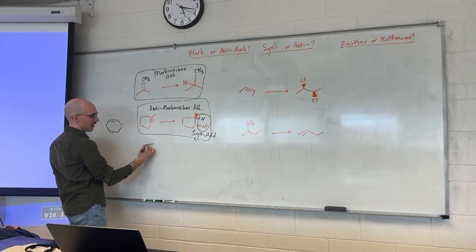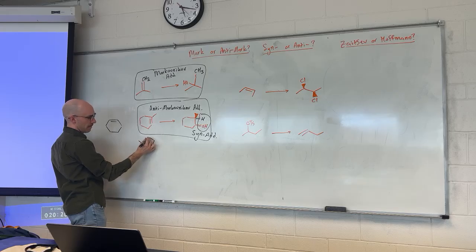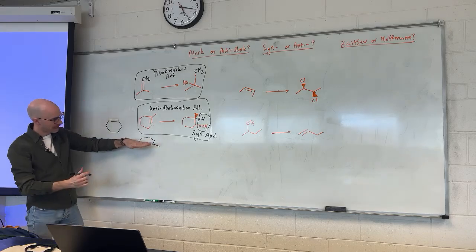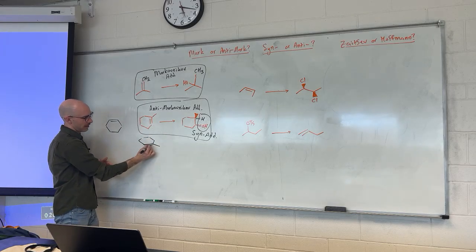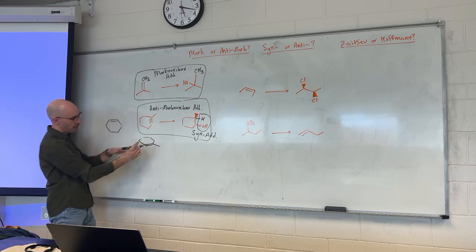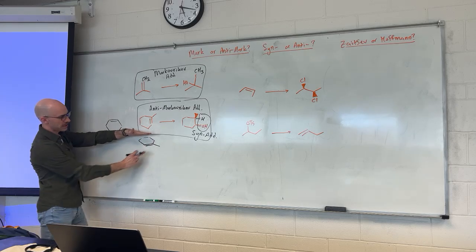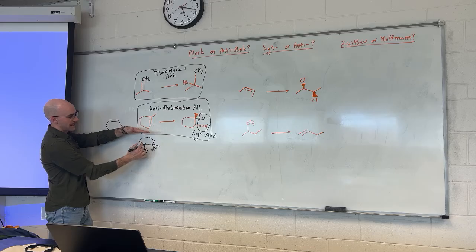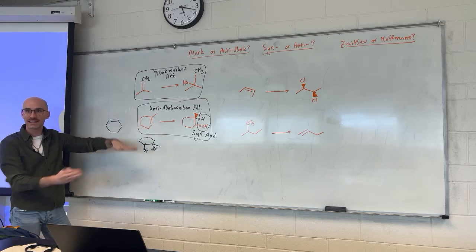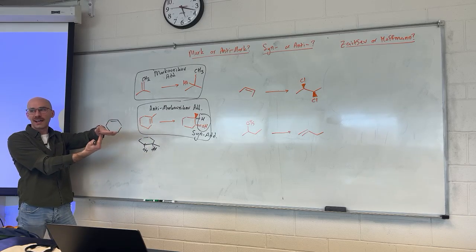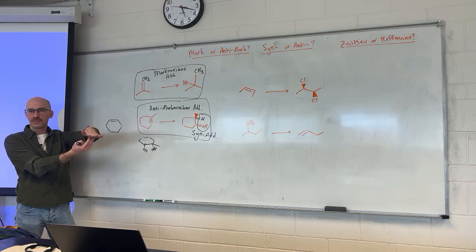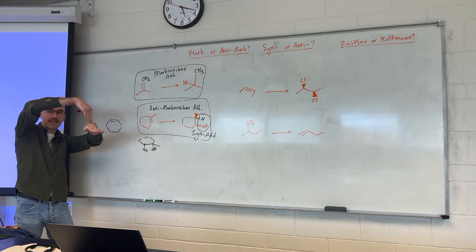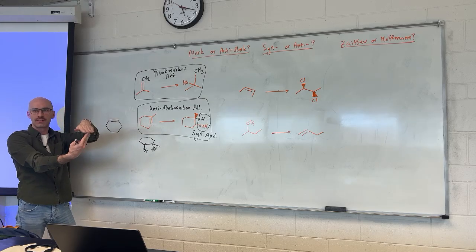So if we looked at this on its side, it looks like this. This is all in the plane we're looking at, and then this all goes away from us. So what we're saying is that the H and the OH both add down onto the same face. They add onto the bottom side of those flat carbons, rather than one adding to the top face and one adding to the bottom face.